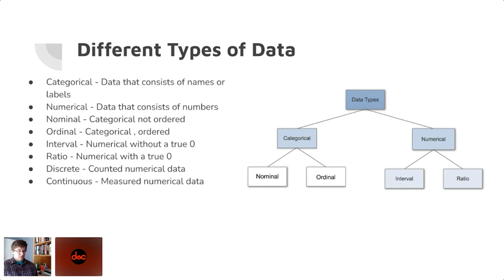Then splitting the numerical, there's interval and ratio. An interval scale is data without a true zero, and ratio is data with a true zero. By a true zero, I mean that zero indicates an absence of anything within that particular scale.